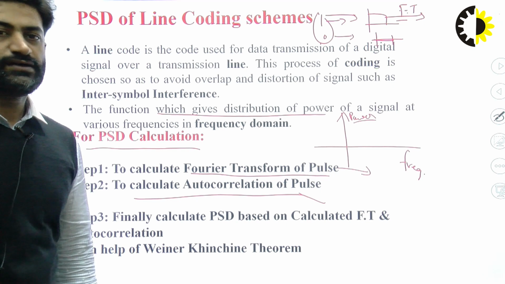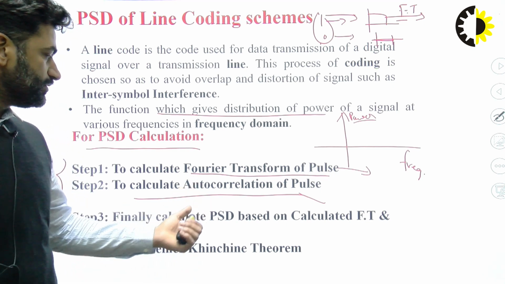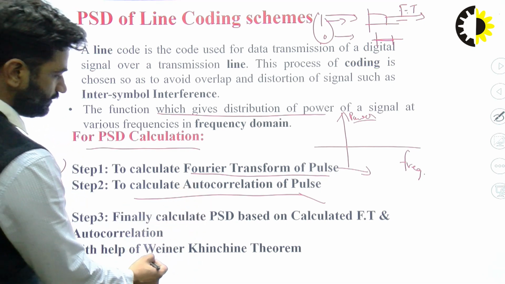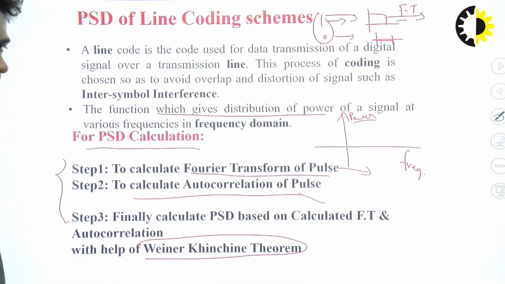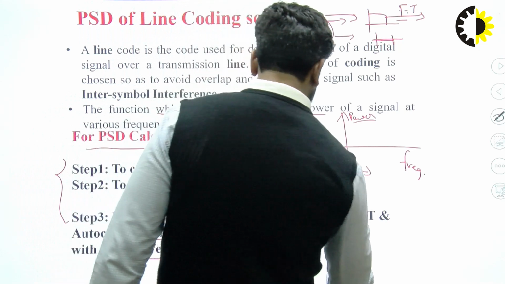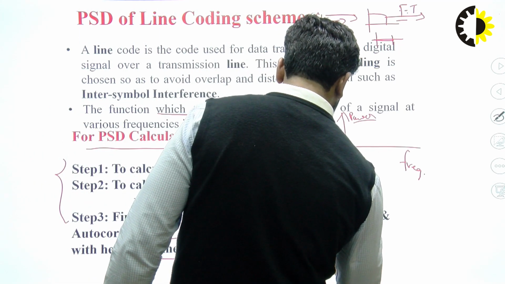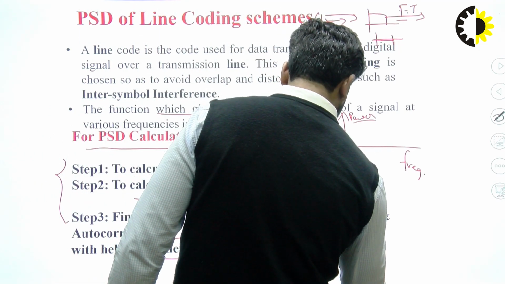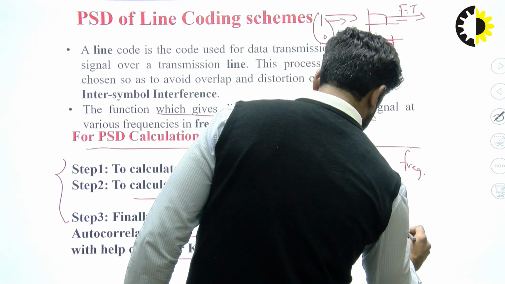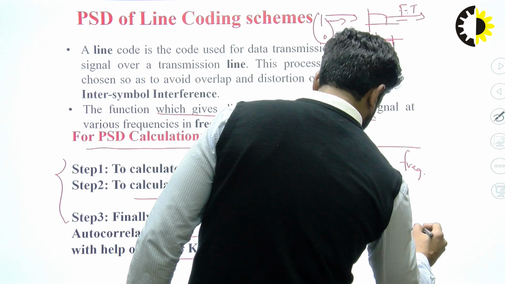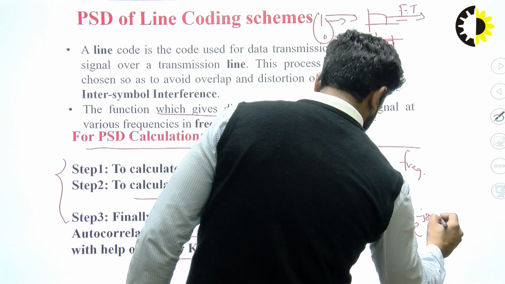After calculating the Fourier transform and autocorrelation, we apply the Wiener-Khinchin theorem to find out the PSD of the signal. The PSD of the signal is 1 by TB times |F(f)| squared, times the summation of the autocorrelation function.